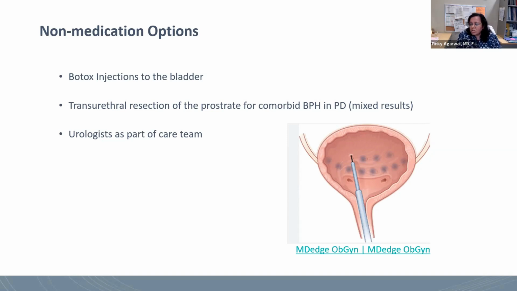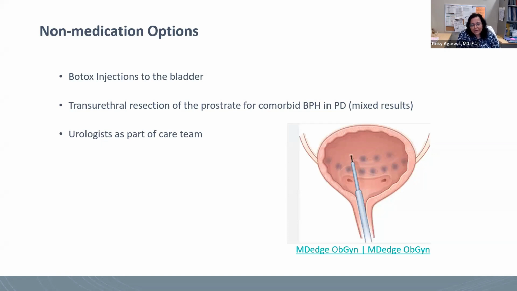We should not do prostate surgery in patients with MSA. However, if it's just Parkinson's disease, it has to be handled on a case-by-case basis. Some patients may benefit, some may not. So it has to be a conversation between your urologist and your neurologist.